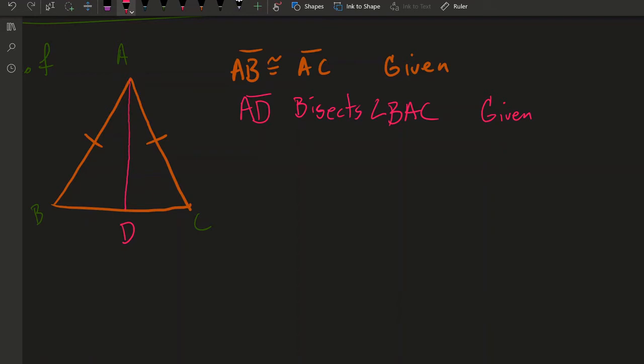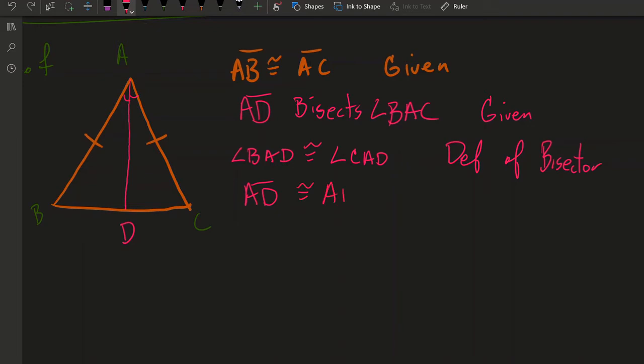So now that I've said that that's the bisector, I can say angle BAD is congruent to angle CAD. These two angles right here are congruent, and that's because of the definition of the bisector. And now I can say that segment AD is congruent to segment AD by the reflexive property.